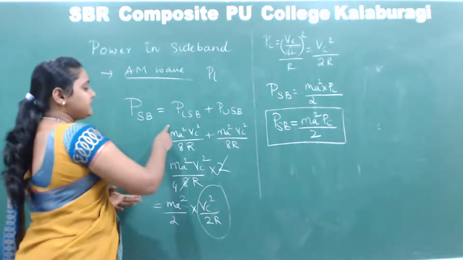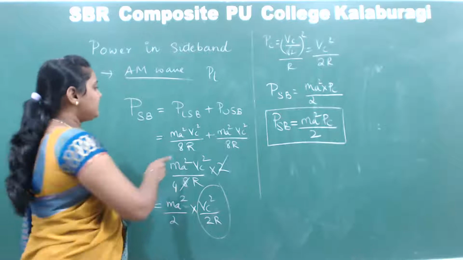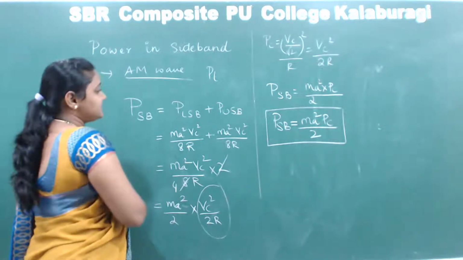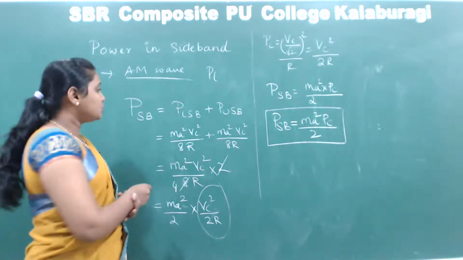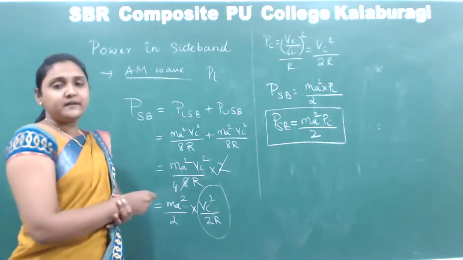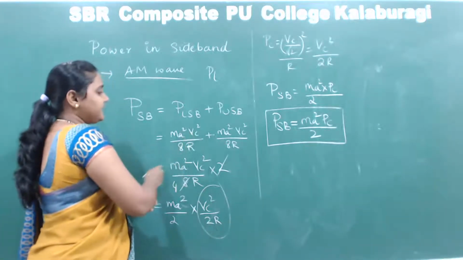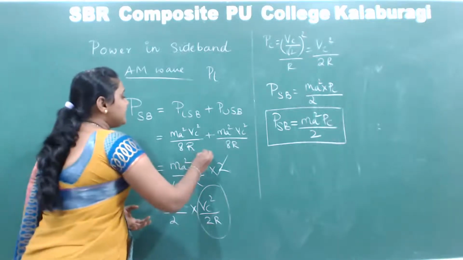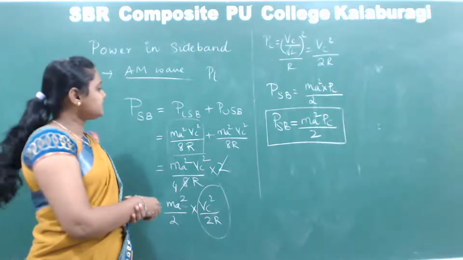Power in the sidebands is calculated by VRMS square divided by R. So the RMS value of the peak value of the sidebands has to be taken, and the peak value of the sidebands is given by MAVC by 2. So MAVC by 2 divided by root 2, whole square, divided by R gives us MA square VC square by 8R. So this is the power in single sideband.